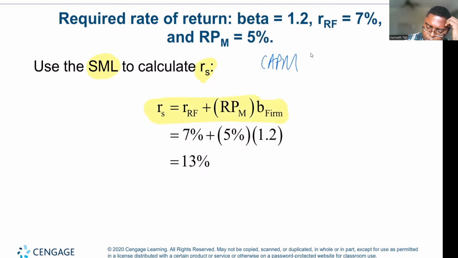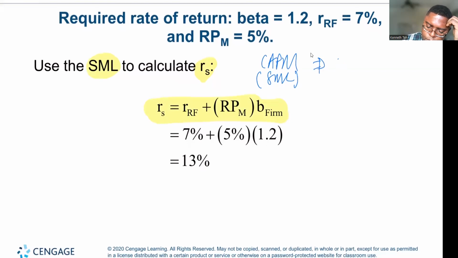So before we had looked at CAPM. CAPM is the same thing as the security market line, which implies that the required return of a stock is equivalent to the risk-free rate plus the beta coefficient times the risk premium, which is RM minus RF.